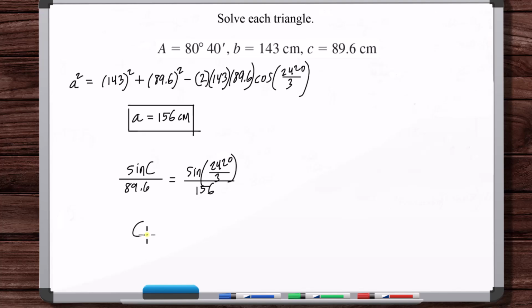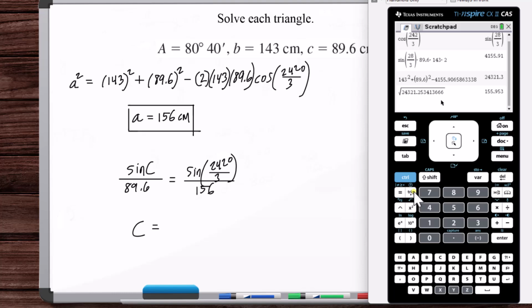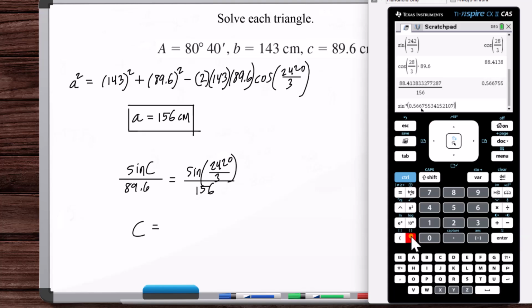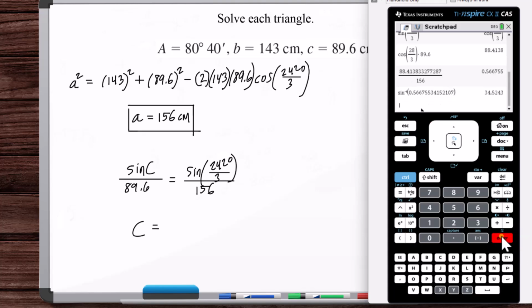So angle C is, we've got the sine of 242 over 3 times 89.6 divided by 156. Okay, now inverse sine of that, so 34.5 degrees.